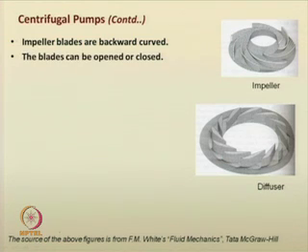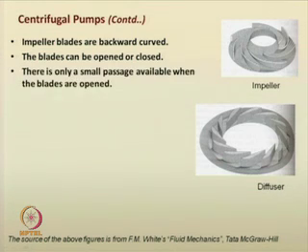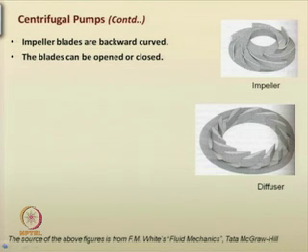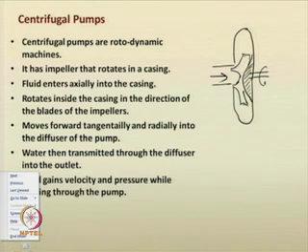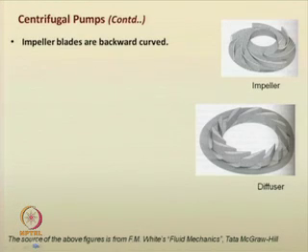The blades can be opened or closed appropriately. There is only a small passage available when the blades are opened, as you can see in the previous figure, from the inlet.